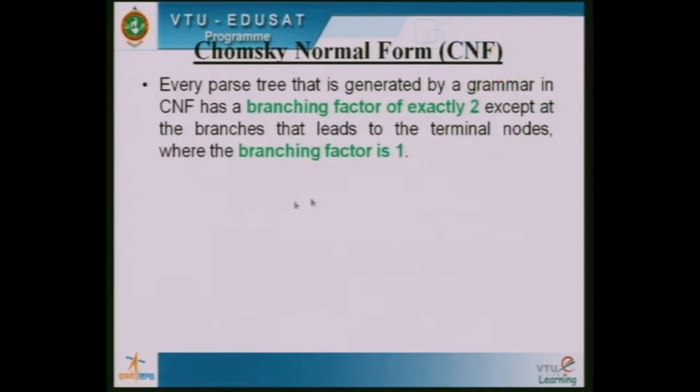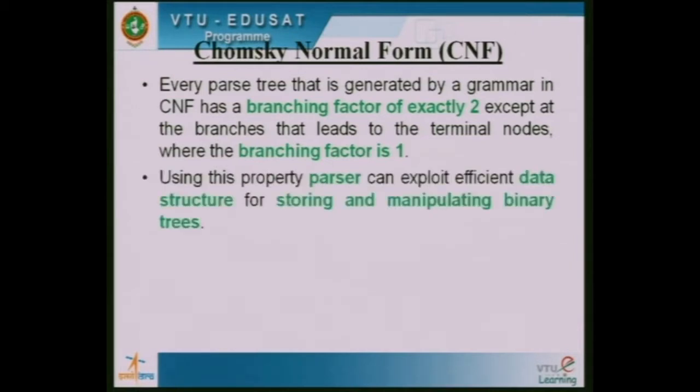Every parse tree that is generated by a grammar in CNF has a branching factor of exactly 2 because it has two non-terminals at the RHS, except at the branches that lead to terminal nodes where the branching factor is 1. So, for the second rule, A → a, a terminal symbol, the branching factor is 1.